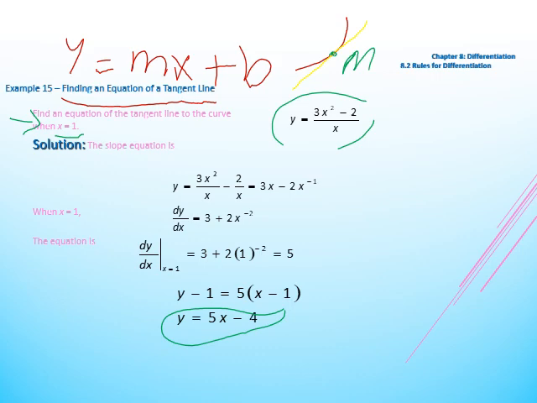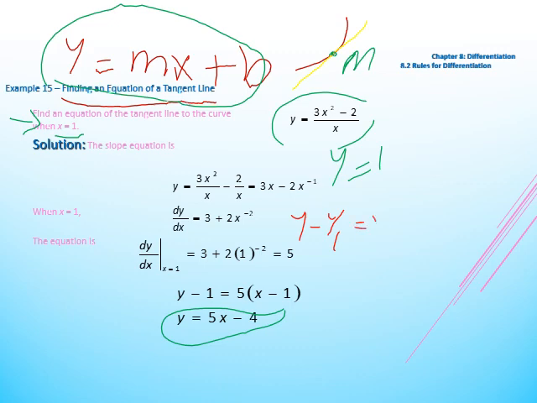So here y will equal 1. Now, to get the standard form, we apply the rule from chapter 2, which is y minus y1 equal to m times x minus x1.